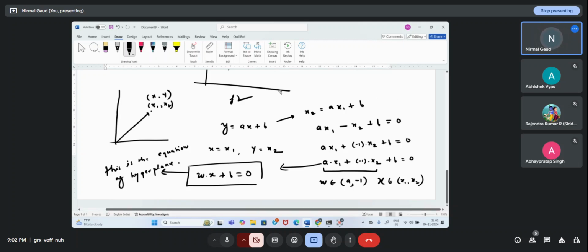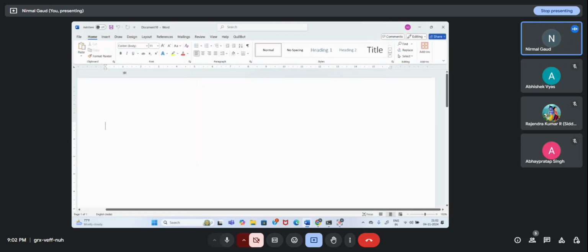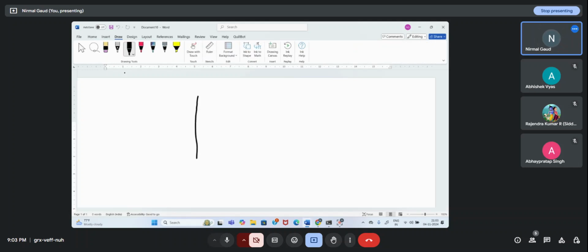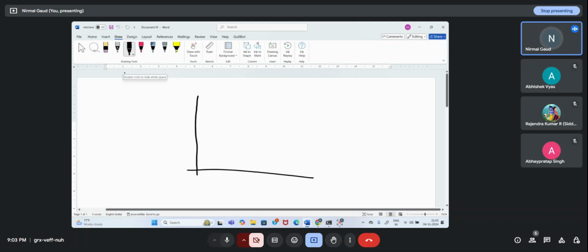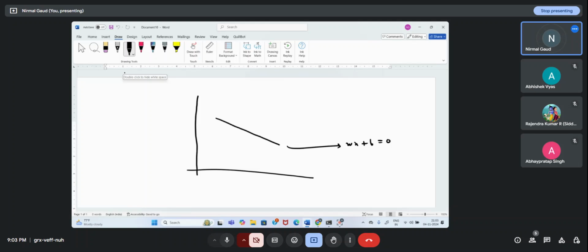Now the next thing is, you got the equation of hyperplane. Let me again make the diagram for the SVM. This is your hyperplane. Its equation, which you have just found, is wx plus b equal to 0. You are having two classes. Right now we are just dealing with the linearly separable case.